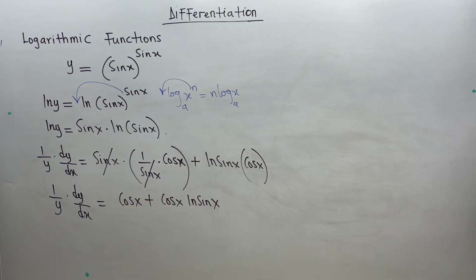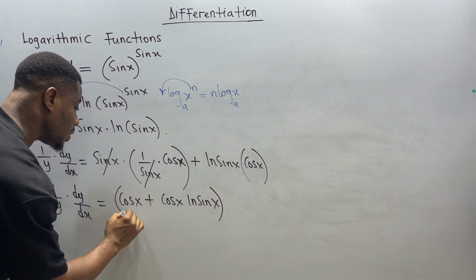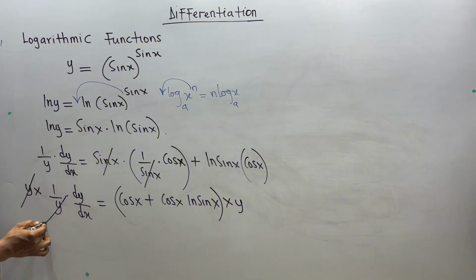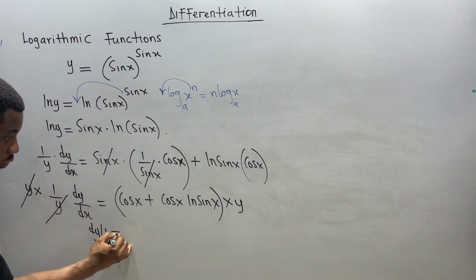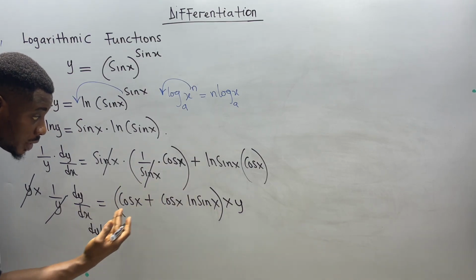Now to remove this y from the left hand side, I can multiply both the right hand side and left hand side of the equation by y, so that this y can cancel out. So we have that dy over dx is equal to, you can still leave it that way, no problem.